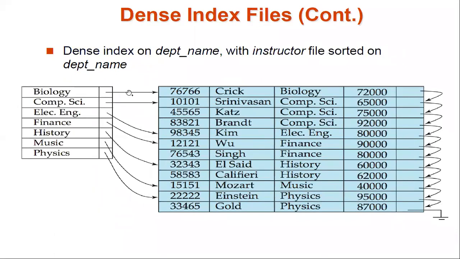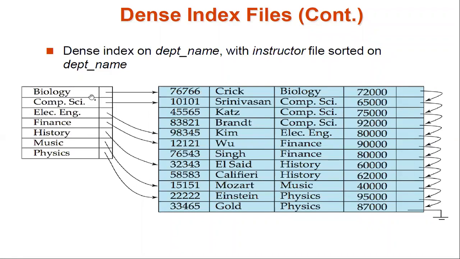For example, you can see on the slide the subjects: biology, computer science, electrical engineering, finance, history, music and physics. Again, in the sequential file, the records are arranged based on the subject, not based on the key value; it is based on the search key.